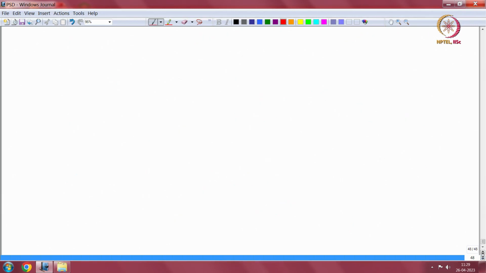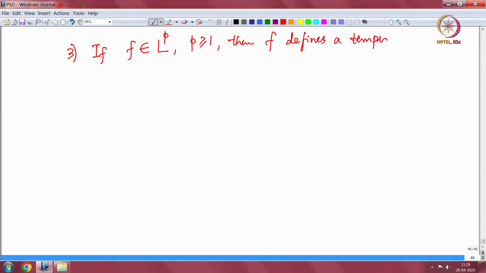Whereas it is very easy to see that if f is in LP, p bigger than or equal to 1, then f defines a tempered distribution, again via the integral. Let me not write Tf, because we identify f with Tf.